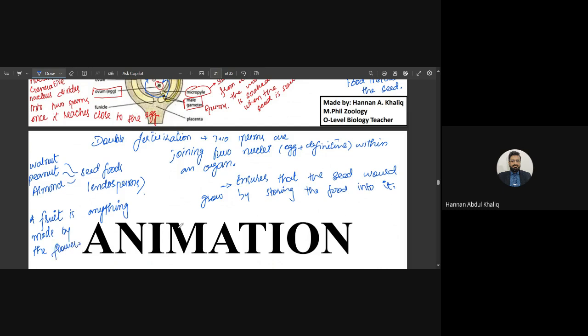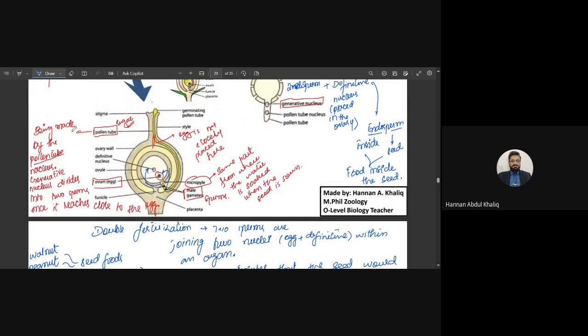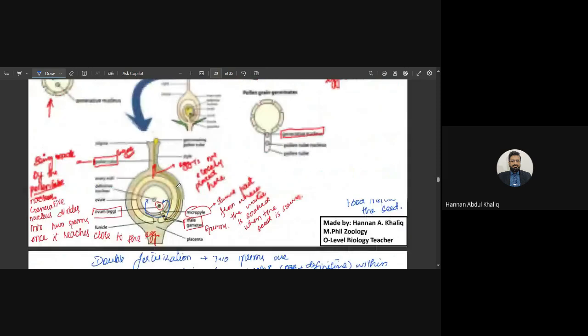Anything made by the flower is called a fruit. There is no such thing as vegetables in biology. Anything made underground is the root, and anything made above the ground by the flower is a fruit. So you got the idea.